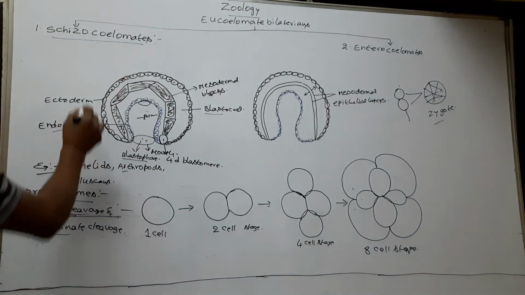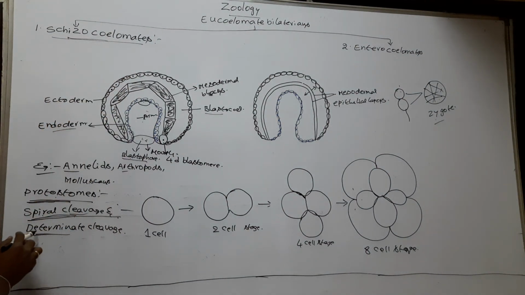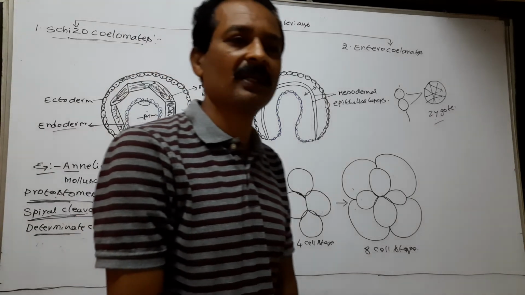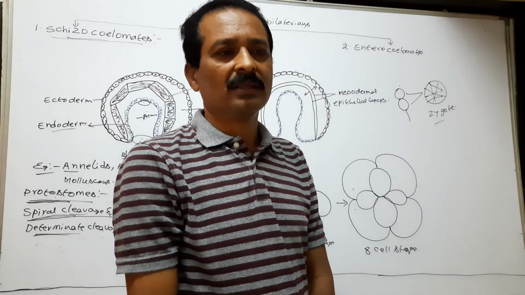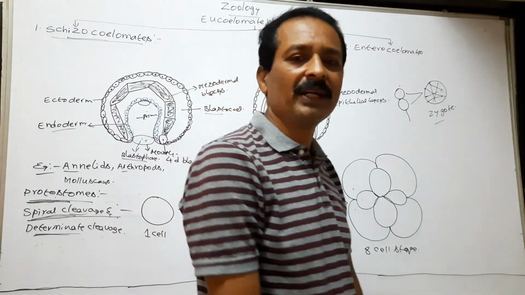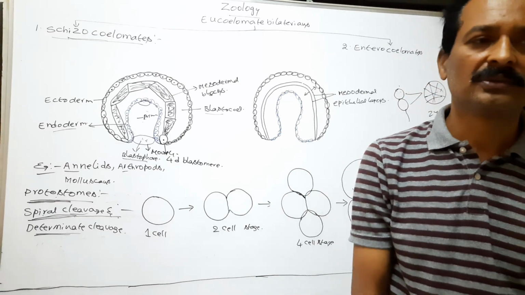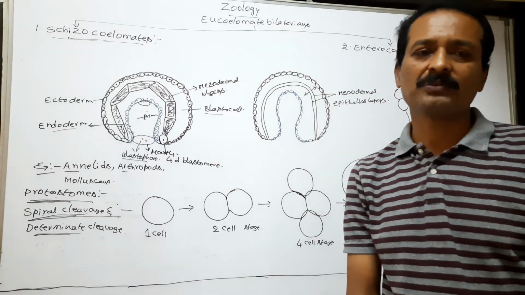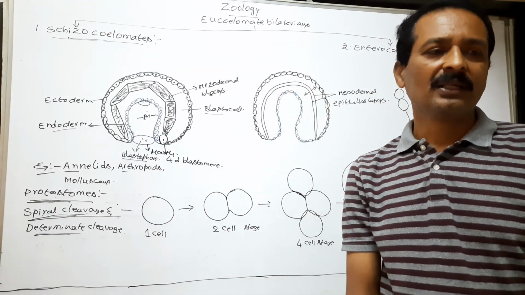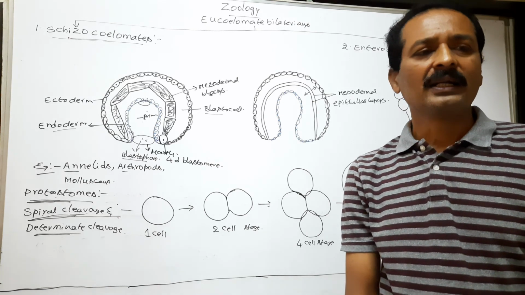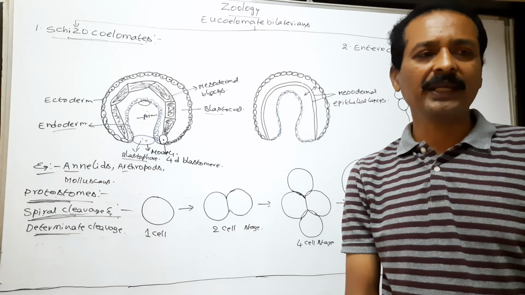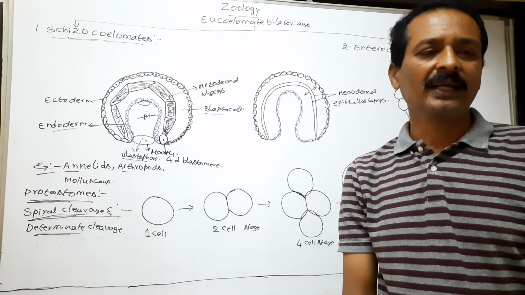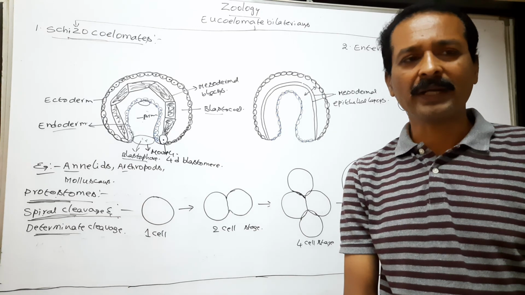Next, the schizocoelomates exhibit determinate cleavage. What is determinate cleavage? Determinate cleavage is also called mosaic cleavage. It results in the developmental fate of the cells being set early in embryo development.